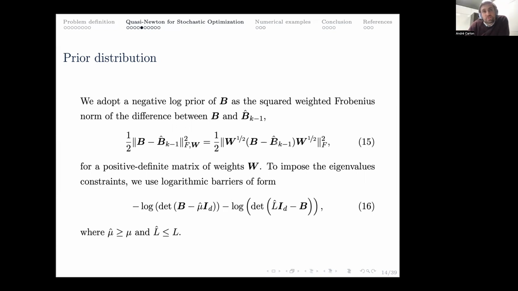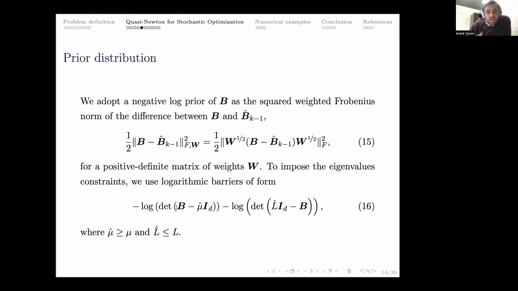So what this prior means is it doesn't allow us to move too far away from the previous Hessian that we had in the previous update. And in some sense, it will act as a regularizer in our optimization problem.